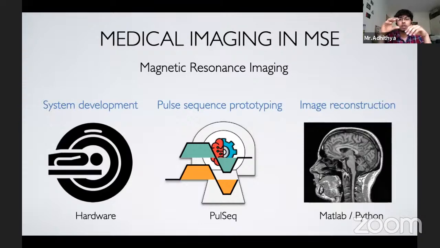And in our tissues, there are hydrogen atoms, and hydrogen atoms have protons, and these protons are randomly oriented in different directions. Whenever we place this tissue, or whenever we place a human in this constant magnetic field, these protons tend to align with the magnetic field.